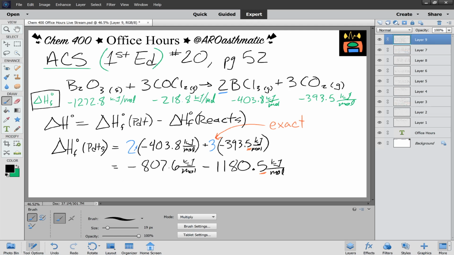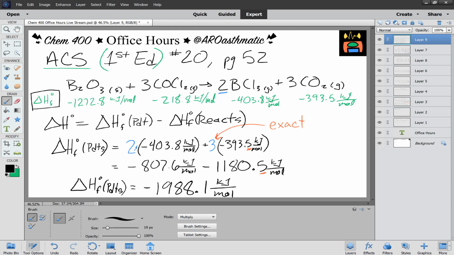Now, the first part of this problem, the heat of formation of our products, is the sum of these two numbers. And when we add them together, we get negative 1,988.1 kilojoules per mole.